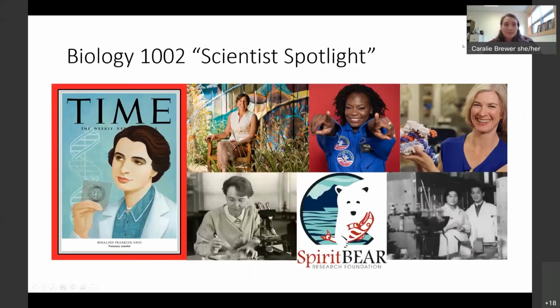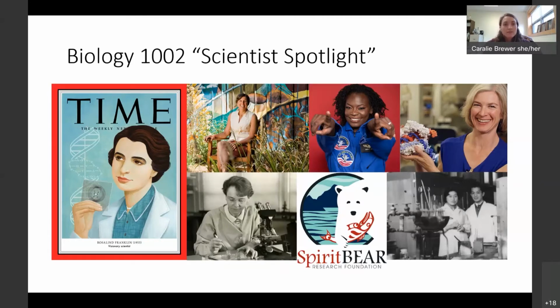A couple of examples that we incorporated into Biology 1002. Some of them are more obvious, like Rosalind Franklin and Barbara McClintock. On the left side, in the row of three, the lower left is Barbara McClintock. But then others were some really fascinating individuals that we incorporated information about, like Pamela Ronald, who's a plant geneticist doing GMO work to help solve the global food insecurity crisis.